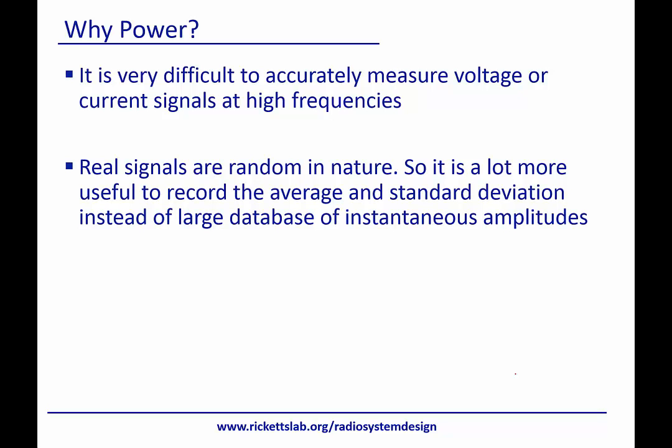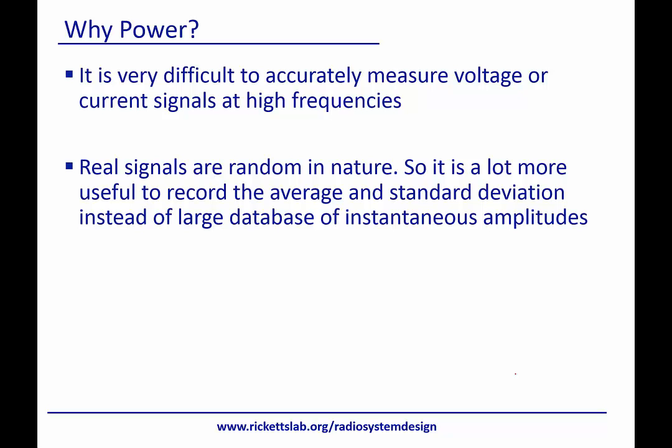The other aspect is that most signals are random. It may sound a little confusing, but the carriers that we'll use, cosines and sines, are not random. But the data we put on most communication signals is random. The best way to think about that is if you're talking to your friend on the cell phone and you look at the bits that come out of your conversation, they're pretty random.